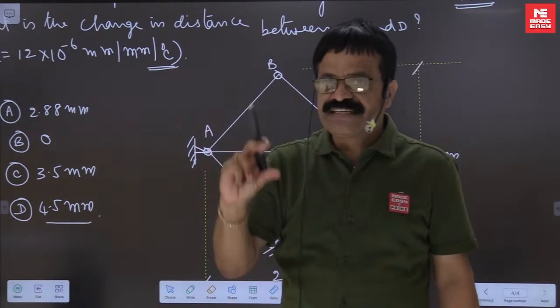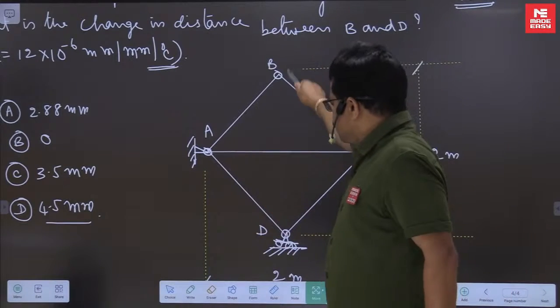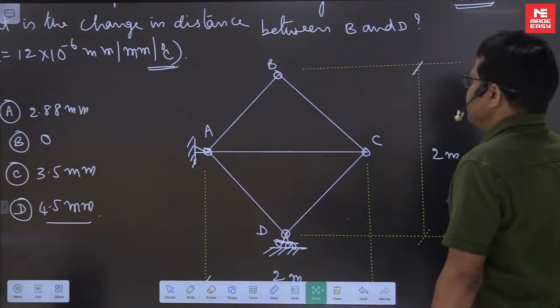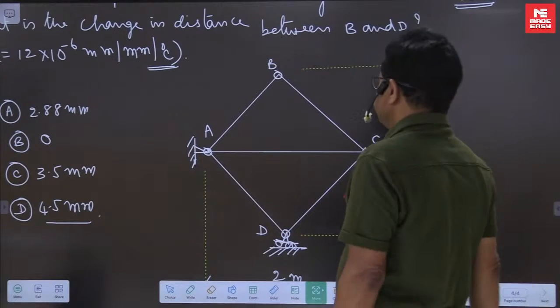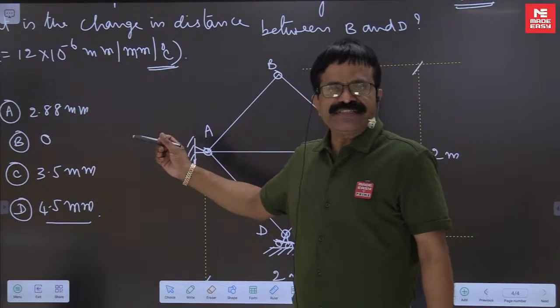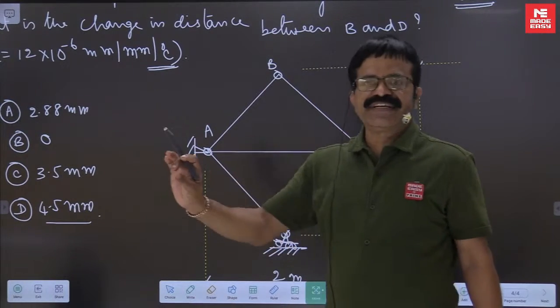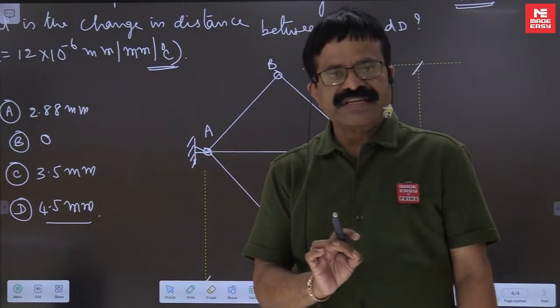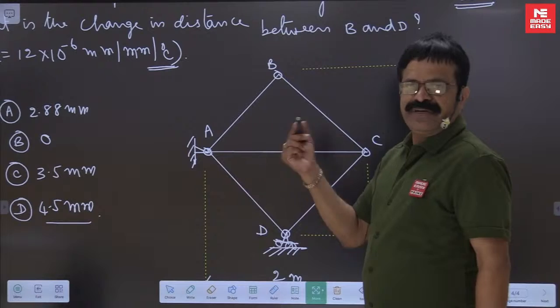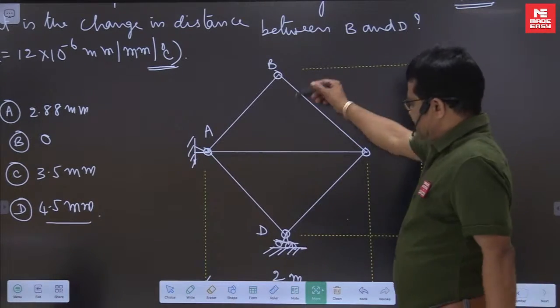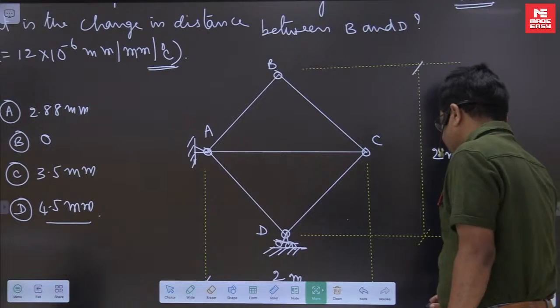How much length changed means the relative displacement of B and D in the direction of BD. That is what we have to find in 2 minutes time. But 4 members are temperature lowered, but all members are equal length, same temperature. So only one line. You have 2 minutes time, can be completed in a maximum of say 30 or 40 seconds time. He is asking change in the distance between B and D.